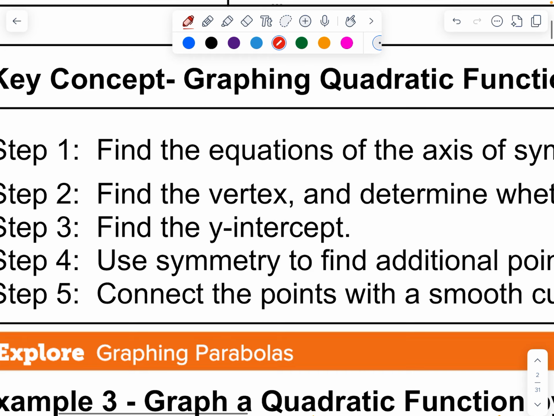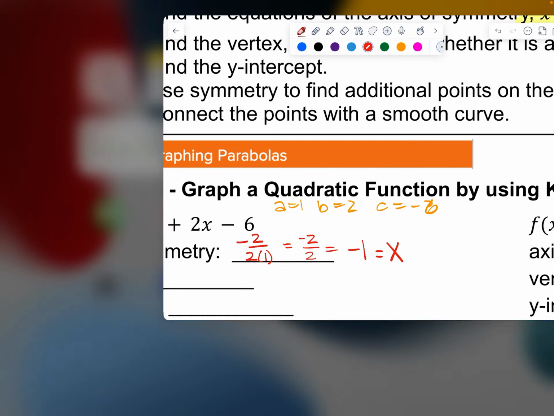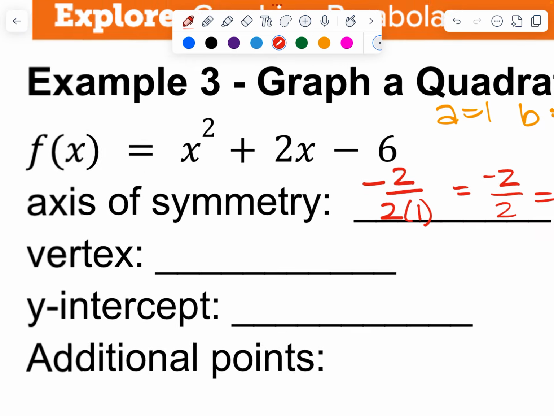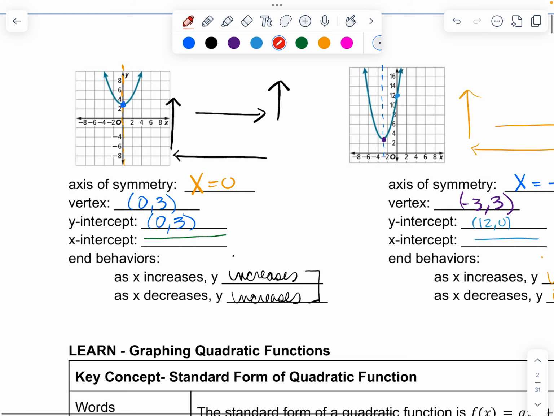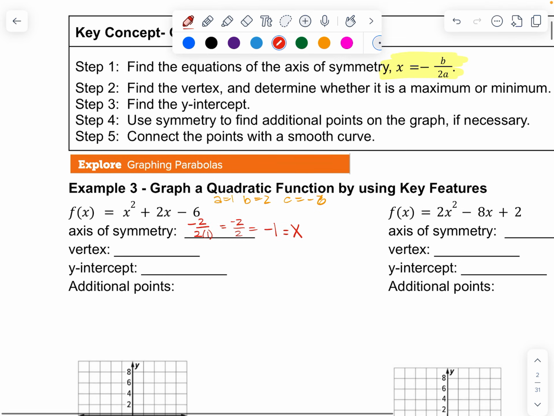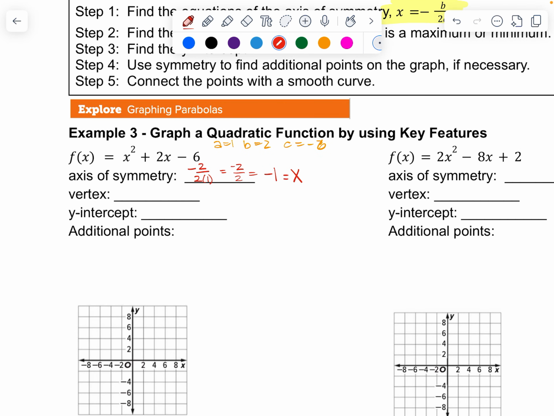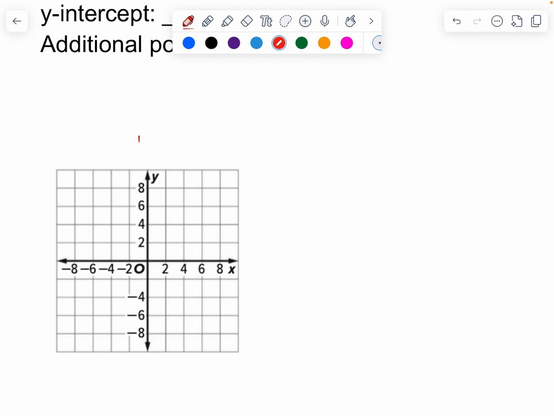Then it says, find the vertex and determine whether it is a maximum or a minimum. Okay. So the vertex, if you notice on each one of these, the x value of the vertex and the x value of the axis of symmetry are the same. So if I was to graph x equals negative 1, that's going to be here.